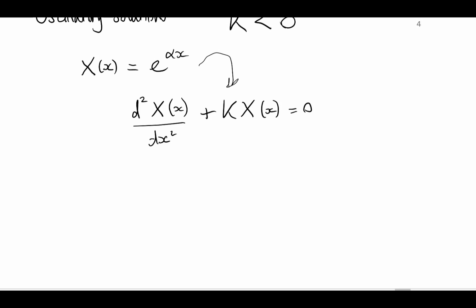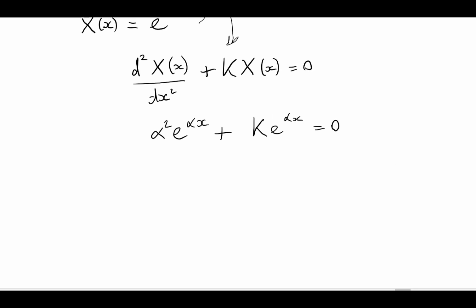So when we take the second derivative of the left hand side, again, we're going to end up with, of course, alpha squared e to the alpha x. But now we've got this plus sign in here. So it's plus our constant k times e to the alpha x, and that's equal to 0.